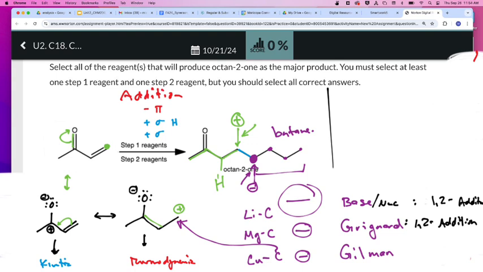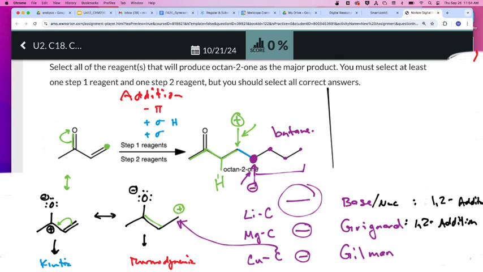So let's define position 1 where the hydrogen went. Where did the carbon go then? Position 2. So we would call it a 1,2 addition. But aren't they adding them differently? Why would we call them the same name?